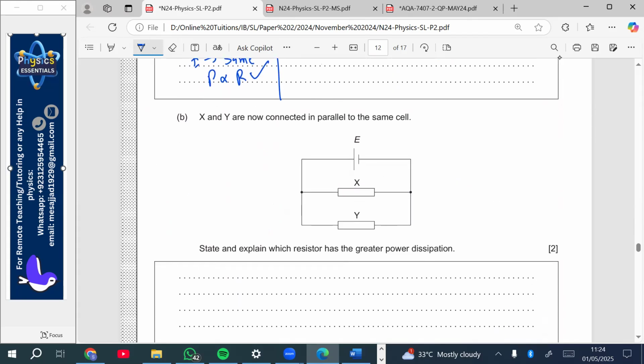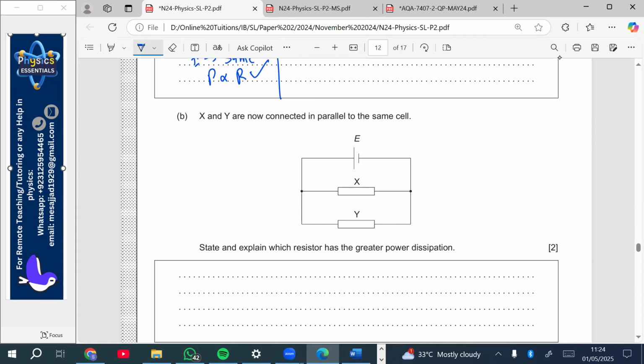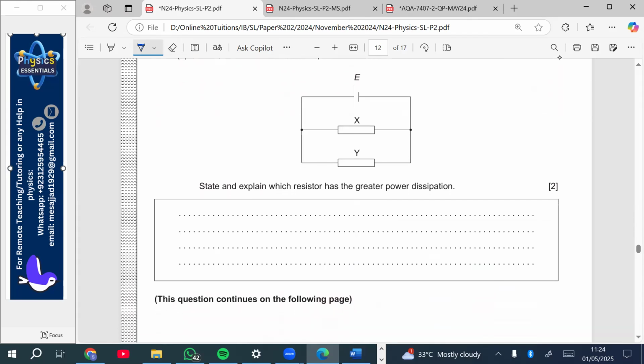Okay, X and Y are now connected in parallel to the same cell. State and explain which resistor has a greater power dissipation now. So again, they're now asking which one will be having more, so you need to know that in parallel voltage is the same. When voltage is remaining the same in parallel, we will say that this is opposite to that.